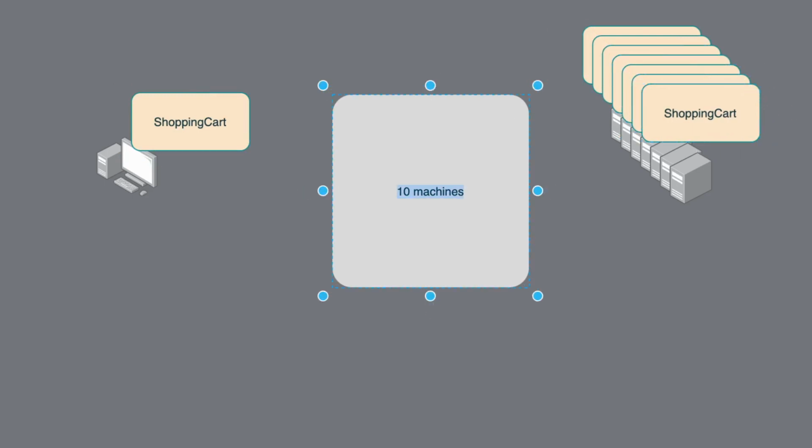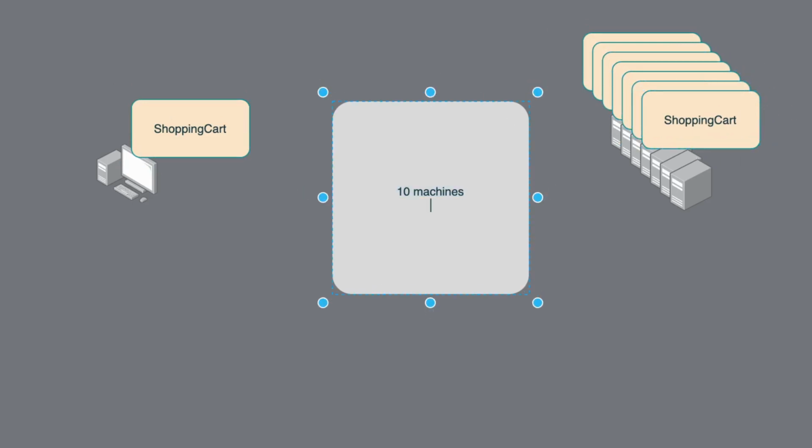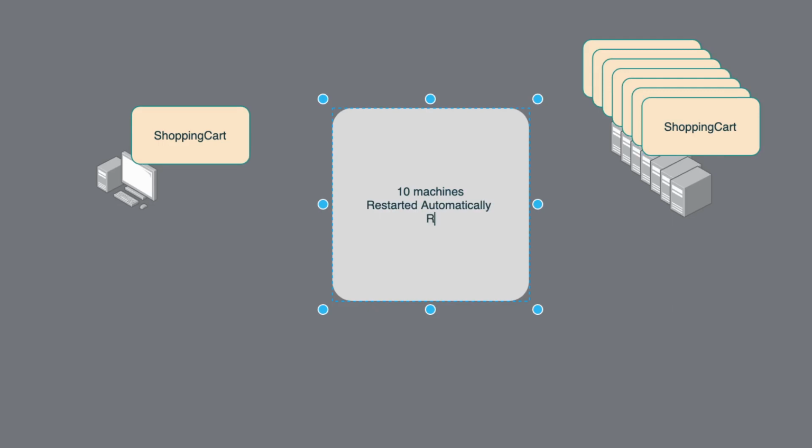And if any machine goes down, or the shopping cart application goes down, it should be restarted automatically. Or just in case there's a failure, it should be recreated automatically. So there should always be 10 instances of the shopping cart running. If it becomes 9, create a new one automatically.